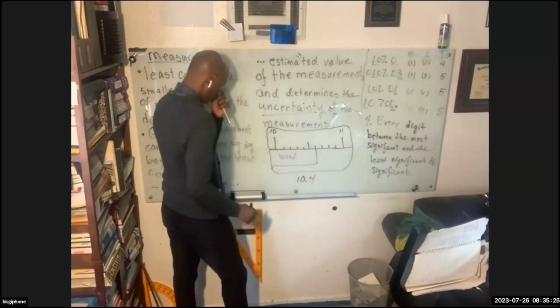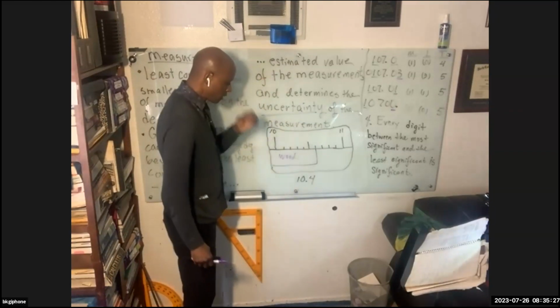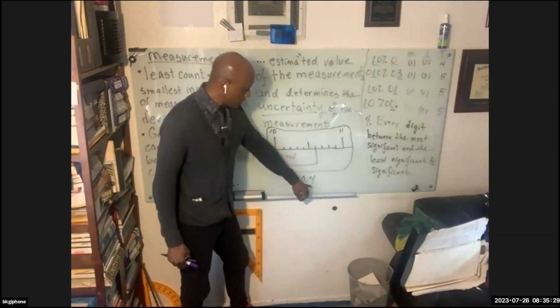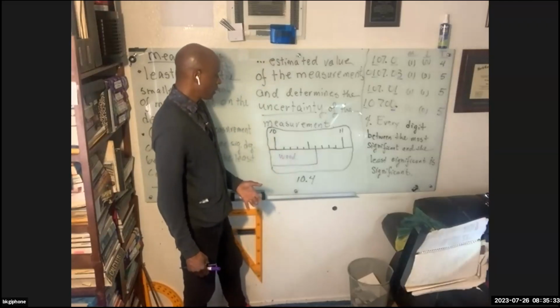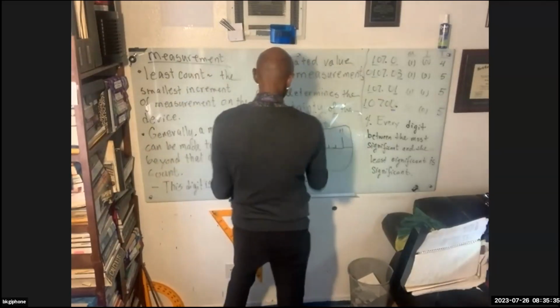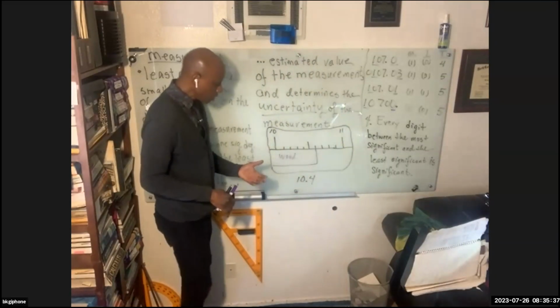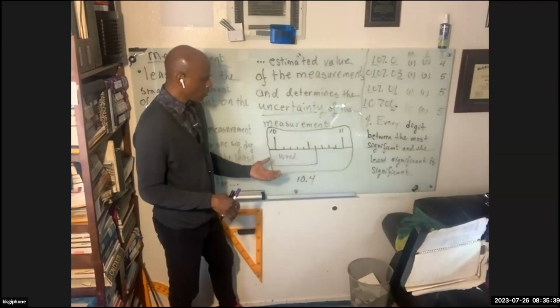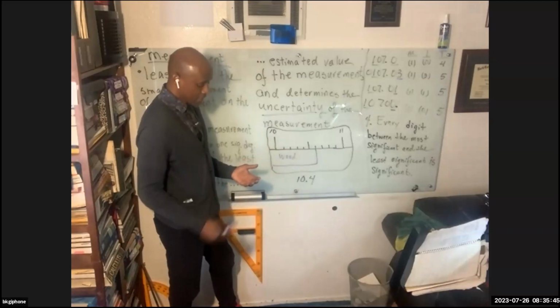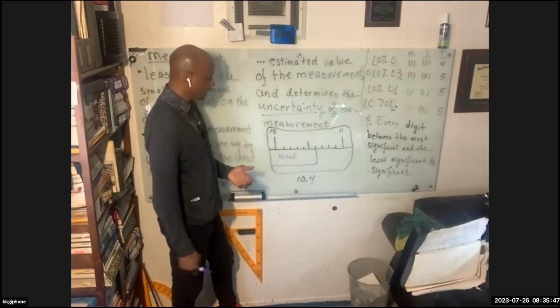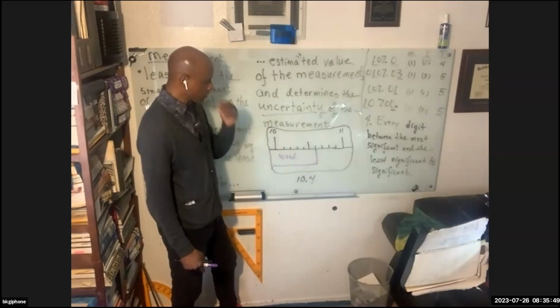So that's going to be 10.4, right? But here, as I said, the least count is the tenth of a centimeter's position, the millimeter, which means by the rules I've stated here, we can actually go one digit beyond that, and it's the estimated value. So again, my eyes can't really see that well without aid, without using a cell phone or something to blow it up.